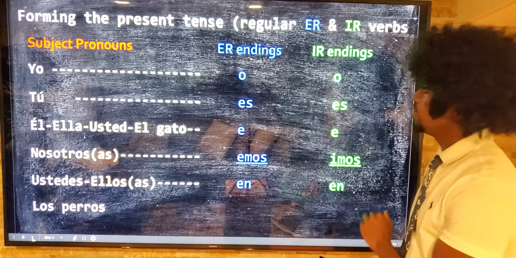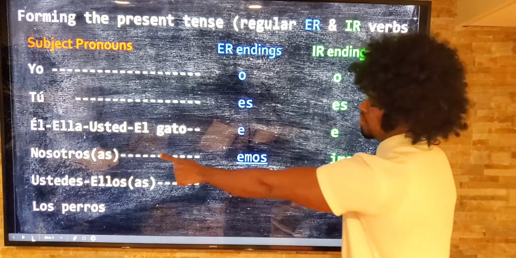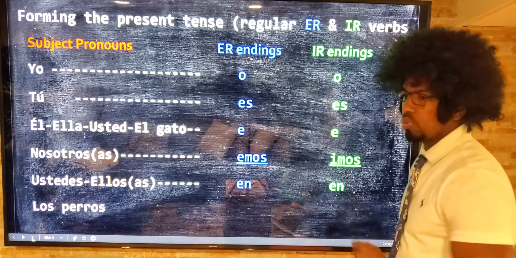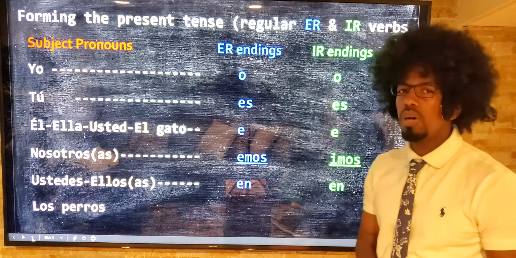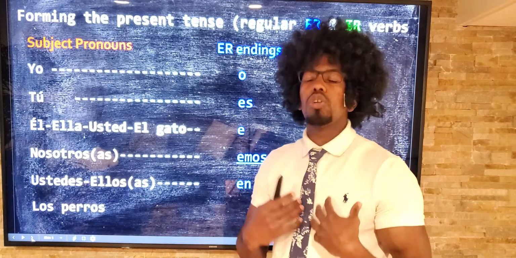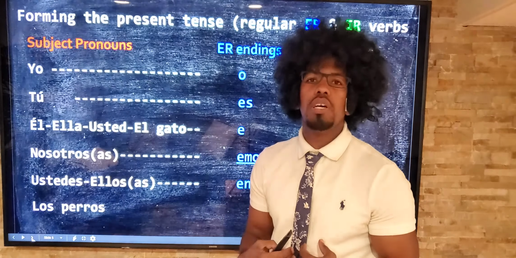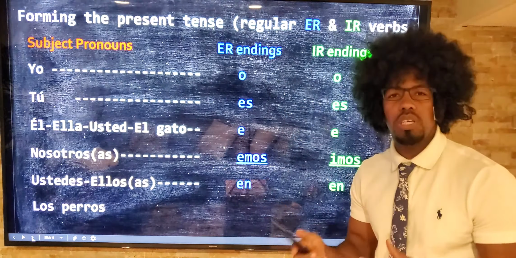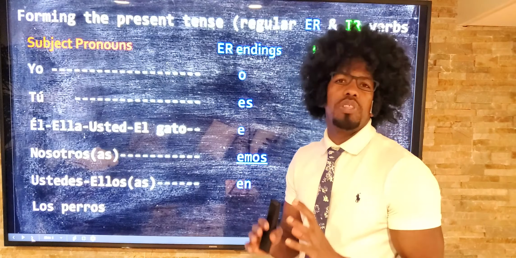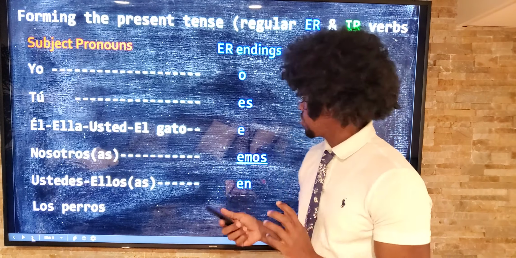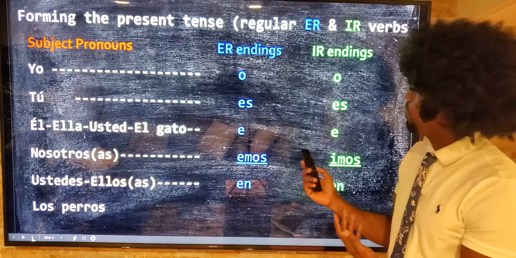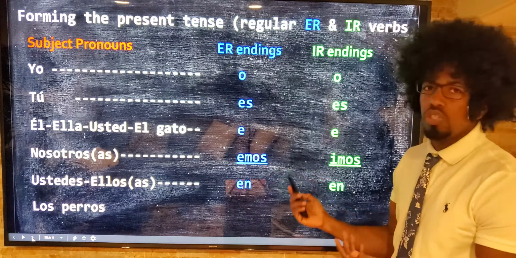Almost every single ending is the same except for the nosotros. So when I use the present tense and I'm including myself in the conversation, I'm gonna have to be careful with the nosotros form, because the nosotros form between these two changes slightly.